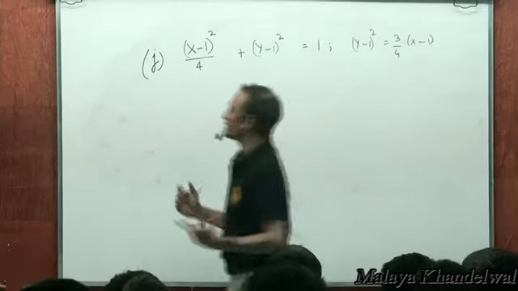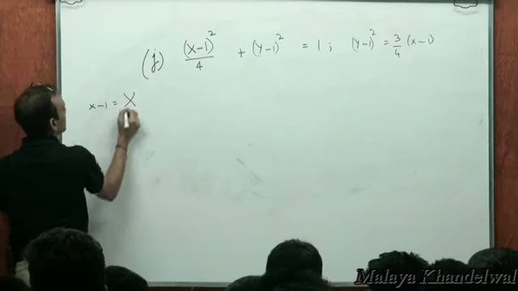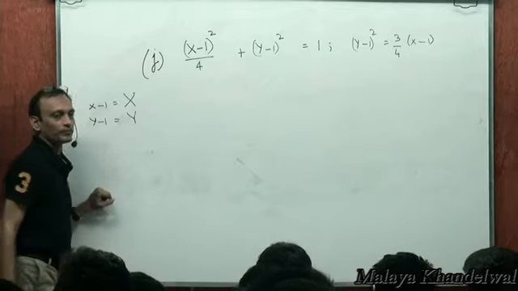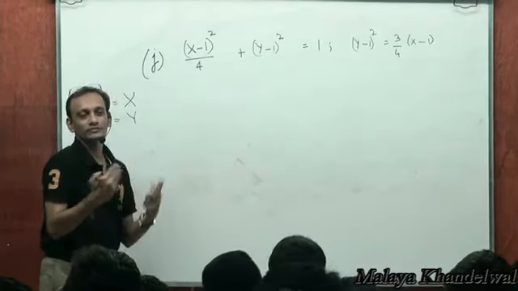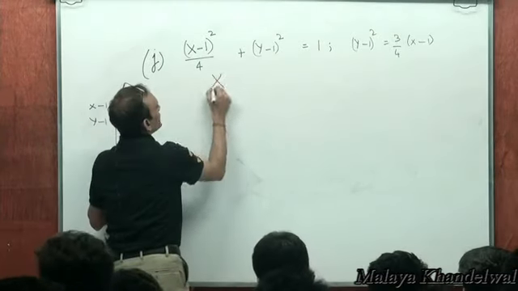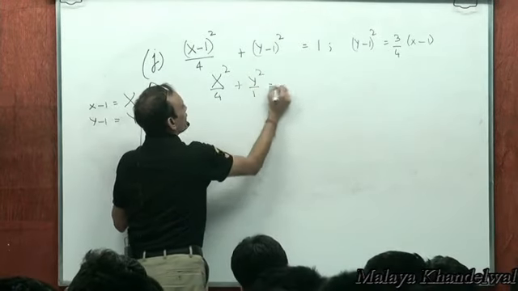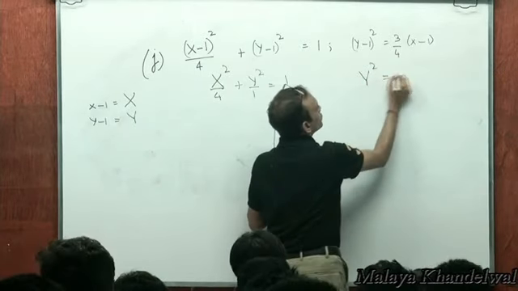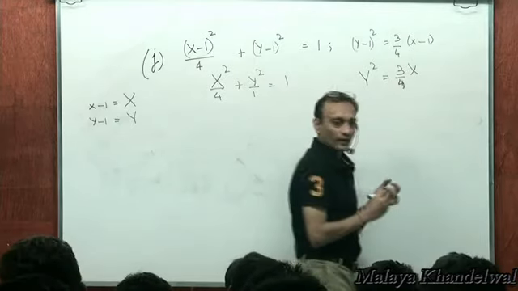Instead of making things complicated, I can select x minus 1 as capital X, and y minus 1 as capital Y. Then in the capital XY frame, the area will not change. So this will be X squared by 4 plus Y squared by 1 equal to 1, which is an ellipse, and this will be Y squared equal to 3 by 4 X, which is a parabola, right?